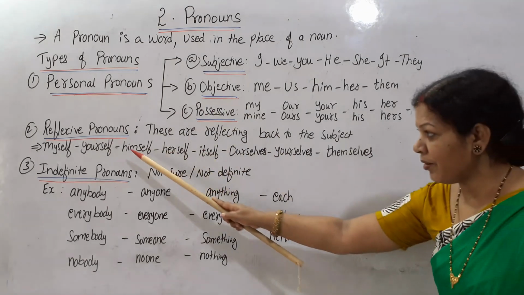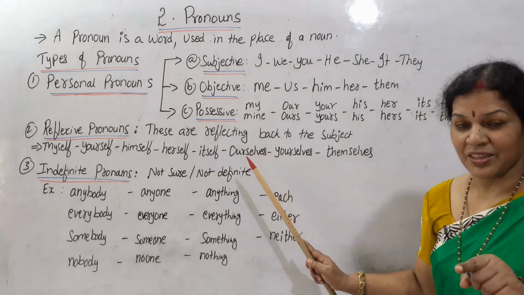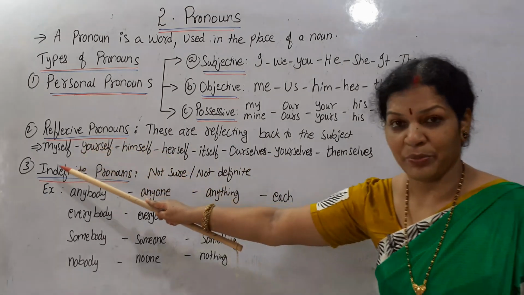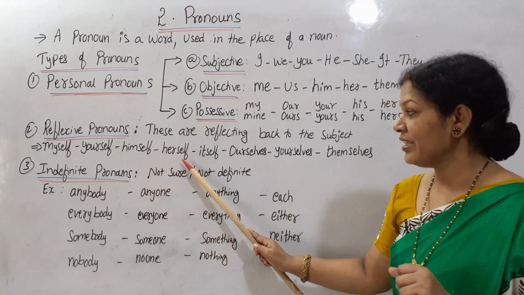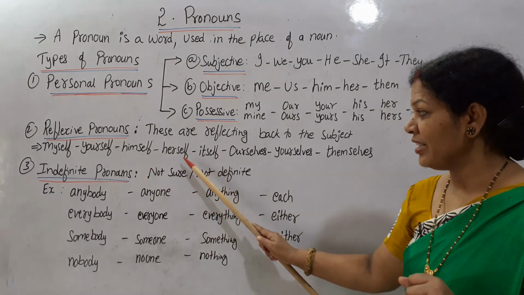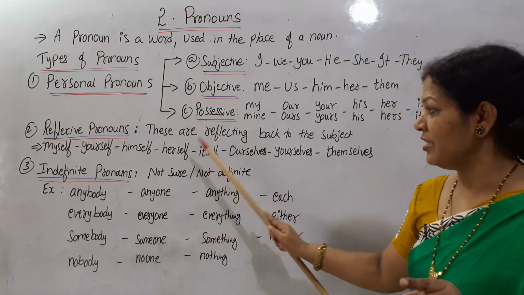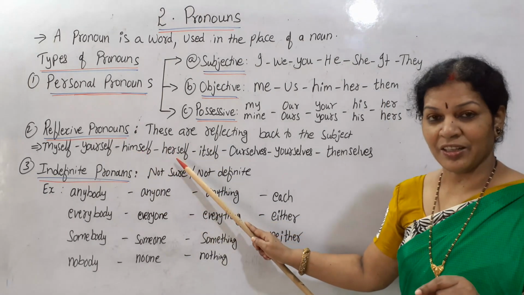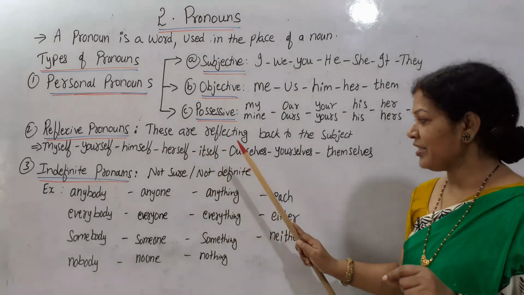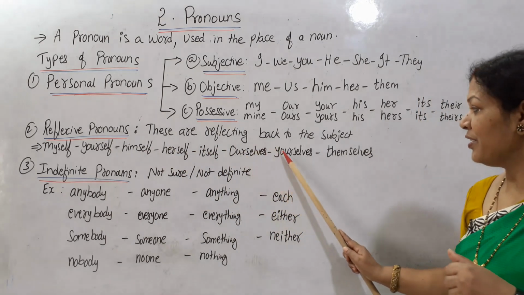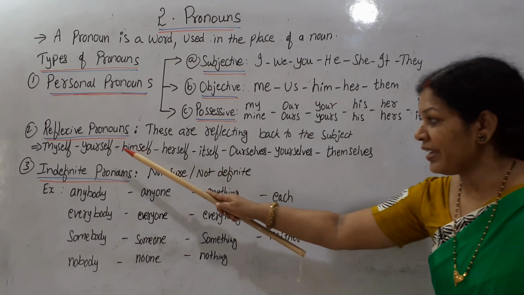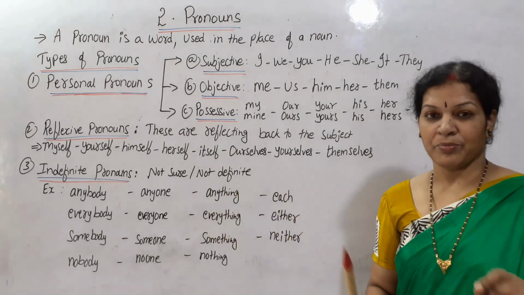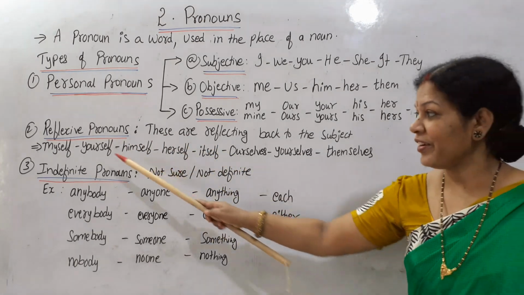How? For all these, the subject is here: myself means I, yourself means you, himself means he, herself means she, itself means it, ourselves, yourselves, themselves. So for every subject we are adding self, right?